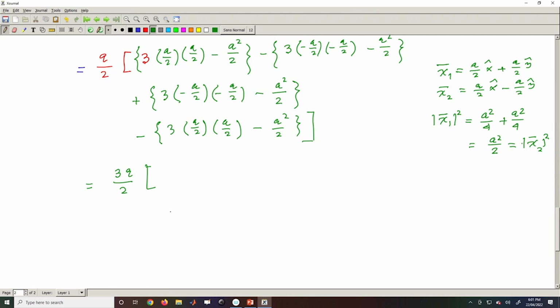This term has the same thing but a minus sign, so I should have plus a square divided by 2. This term is plus, so I should have minus a square divided by 2. Sorry, it is not a square by 2, I should have a square by 4 here, in all the cases.